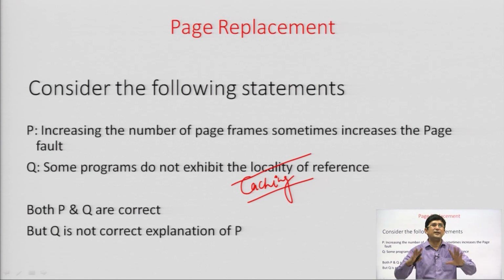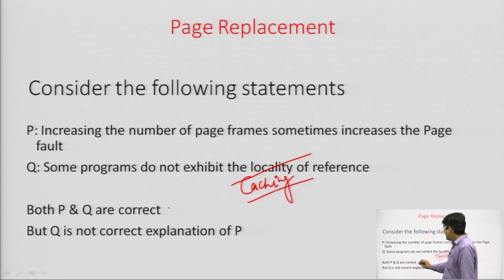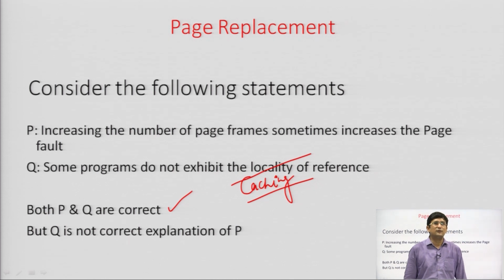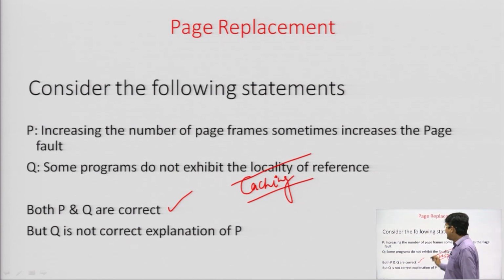So they are not exhibiting the locality of reference concept. So P and Q both are correct, but Q is not the correct explanation of P. There is no relation between Q and P.